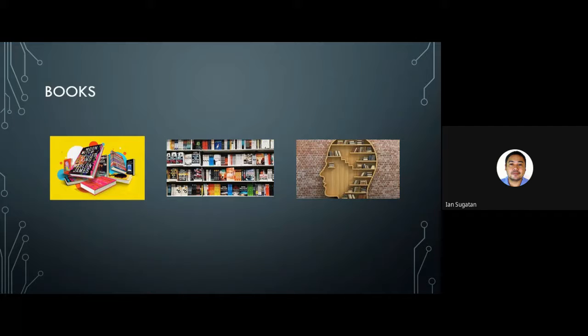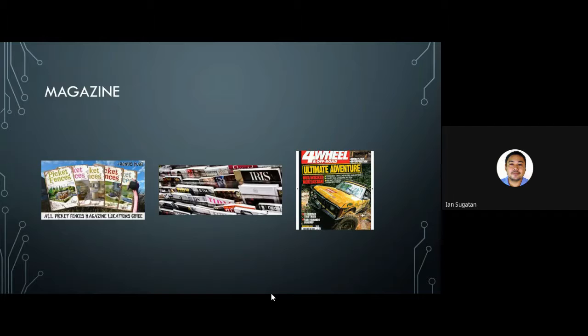However, if the author of that book is an academician or a most reliable source of information, that book becomes an asset. So books are also considered a secondary data collection method. Other than books, we also have magazines. But of course, guys, a magazine or book is not a good reference if its information is not up to date.